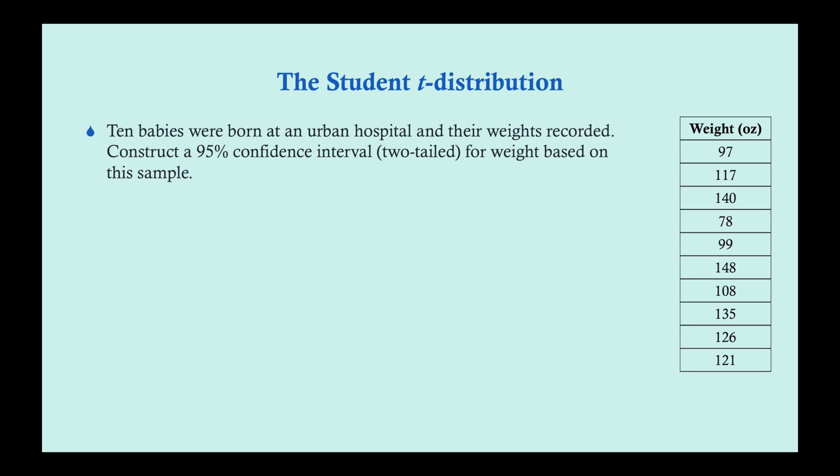You'll never get a question like this on the USMLE because it'll take too long. But this is good for making sure that you understand what the student t-distribution is. And you would go about this very similarly to how you go about constructing a confidence interval for a normal distribution. All right, so I'll let you pause it if you want, and you can equate all your relevant values.